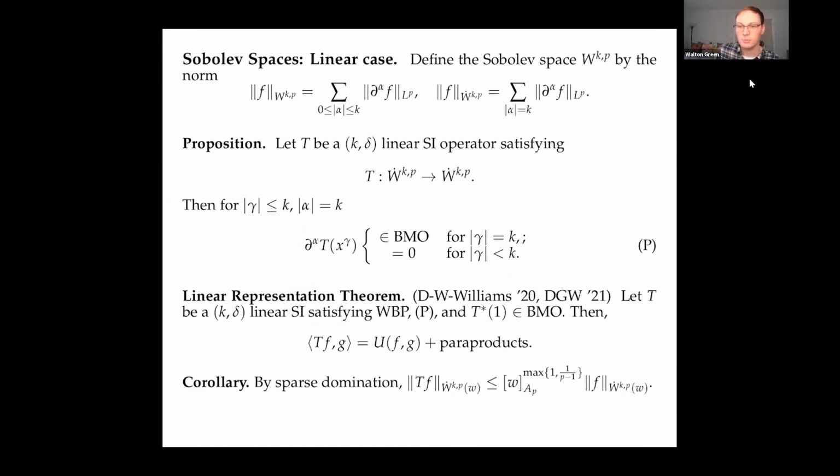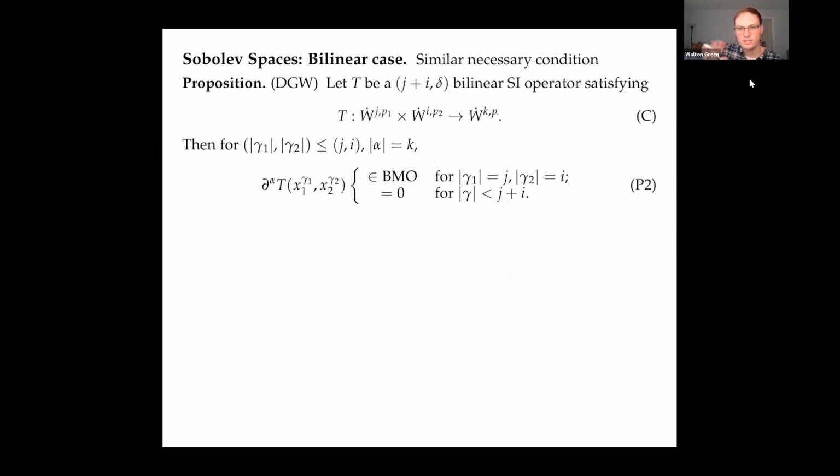All right, so now let's talk about the bilinear case, or we're going to now go to the multilinear case, and there some real changes have to occur because, well, we'll see. There's some real differences, and really we can go to all the multilinear cases, but we'll just do bilinear to be concise. So we have a similar necessary condition that we can check.